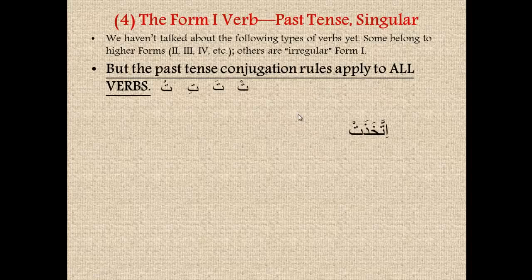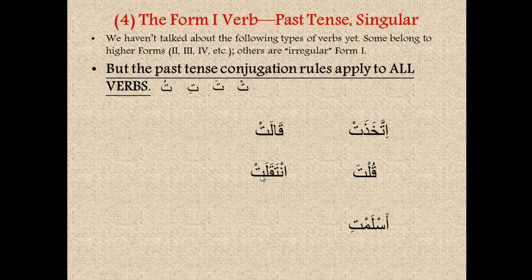Ittakhadat is a form 8 verb. We don't know what it means, and at this point we don't care, but we see the ta at the end, and this tells us it's conjugated for hiya in the past tense. So she is doing this action, whatever it is. Qulta, we see the ta. This tells us the verb is conjugated for anta. Aslamti, conjugated for anti. Qalat, conjugated for hiya.